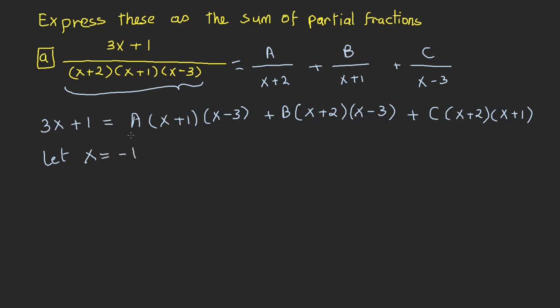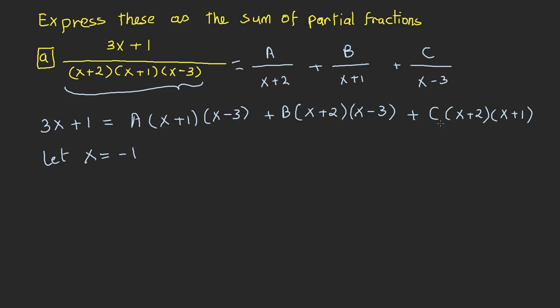The reason we choose minus 1 is that when we put x equals minus 1 here, x plus 1 becomes 0, so the whole term cancels. Same thing for c, since it also has x plus 1, so c will be out.